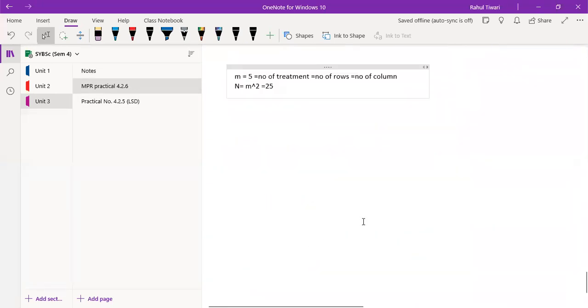So you have here the statement, or I will say T_i, R_j, column. That will also work. This represents your treatment total, which I think you already said, is around 183.5.